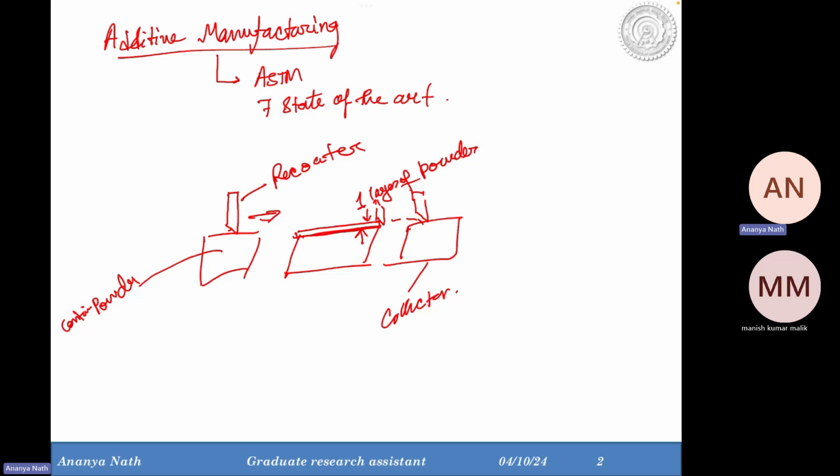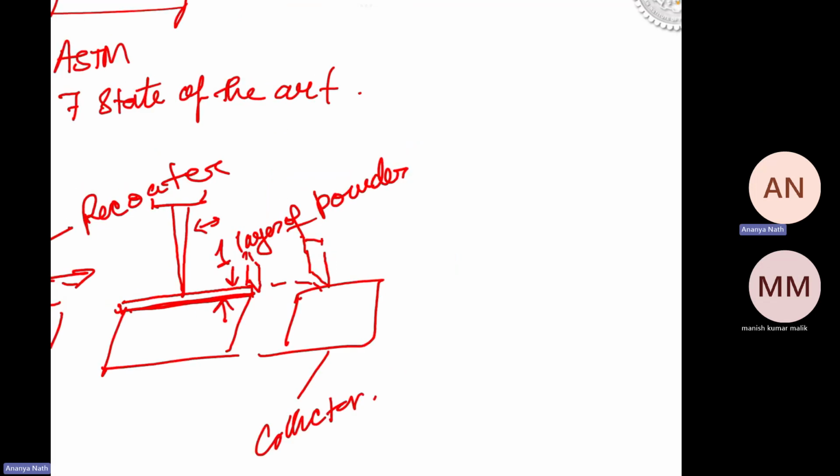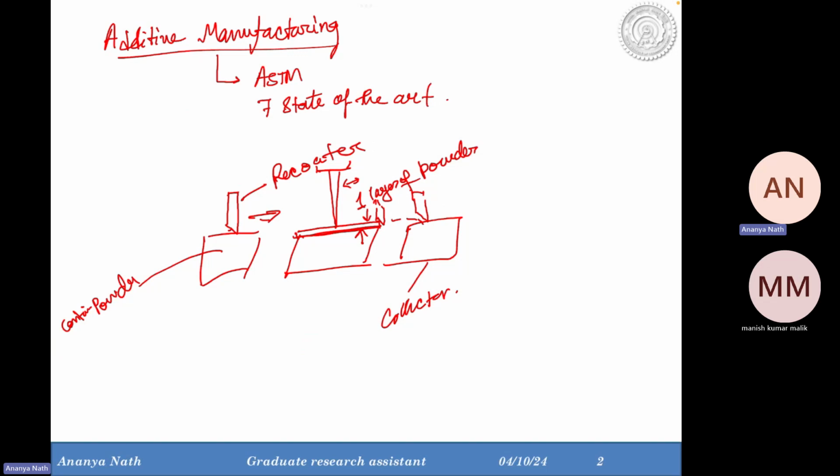This is how the powder is spread, and then the laser comes from the top and moves onto the build plate, and it melts the powder wherever it is needed. That melted track of powder gets solidified on its own because of the very high heat gradient, which is known as cooling rate. The scanning speed is very high, but the temperature gradient is very high as well, so the cooling rate is also very high.